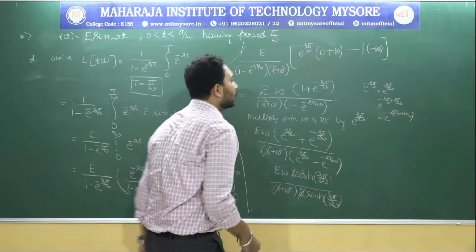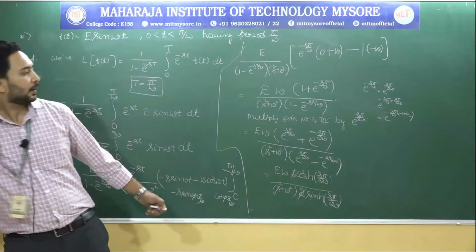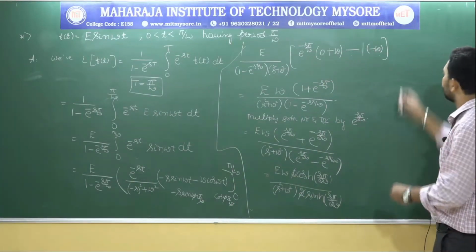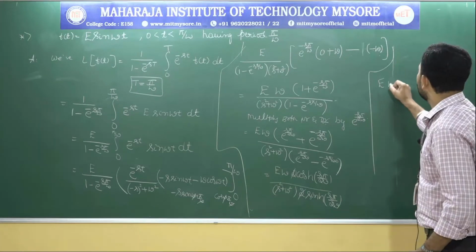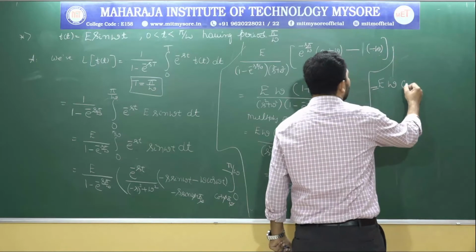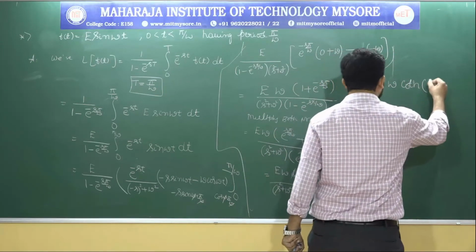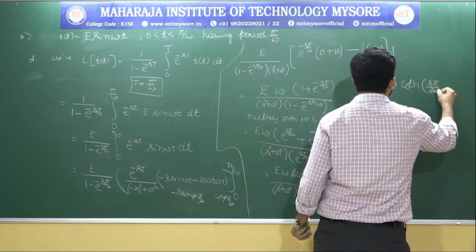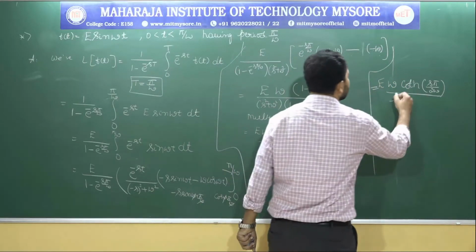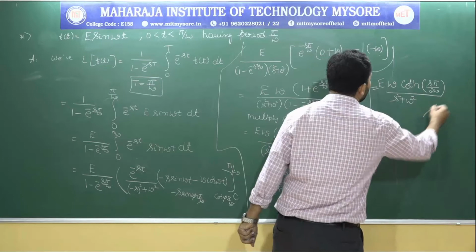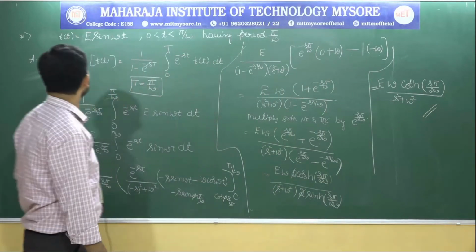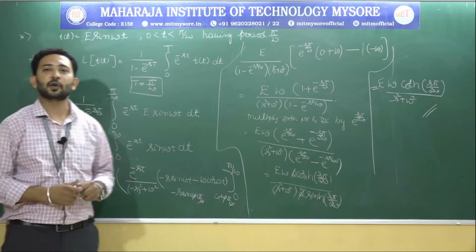So 2 will get cancelled, and the final result is e omega cos by sin. It is cot hyperbolic s pi by 2 omega overall divided by s square plus omega square. So this is the result for the periodic function e into sin omega t.